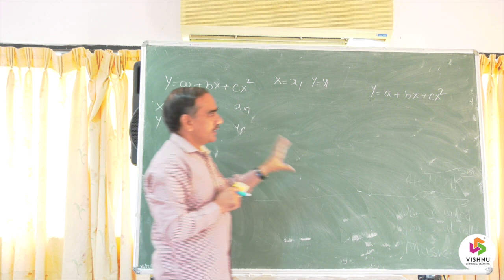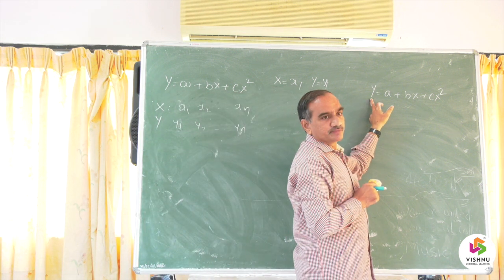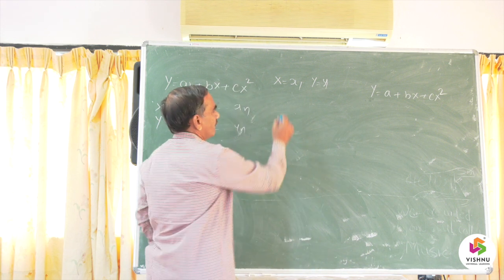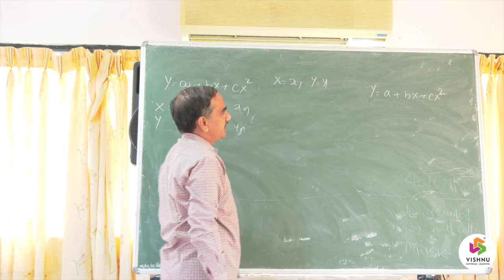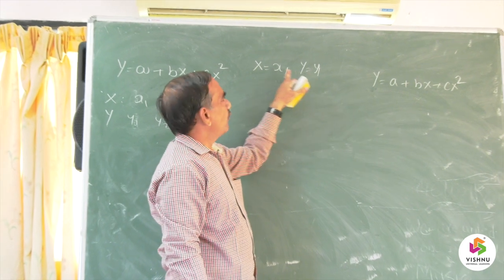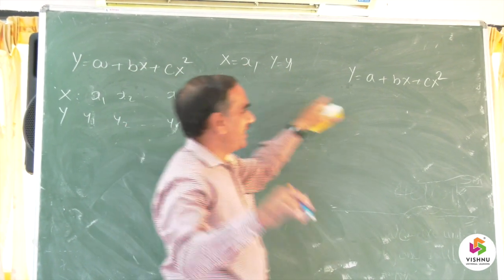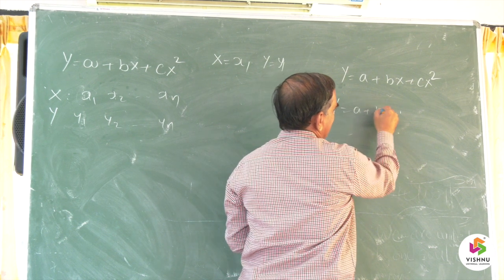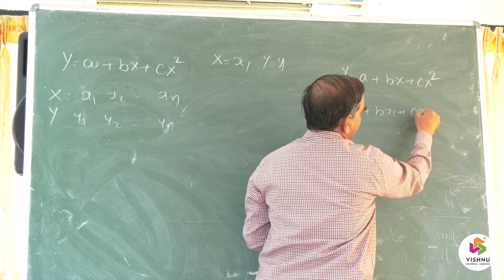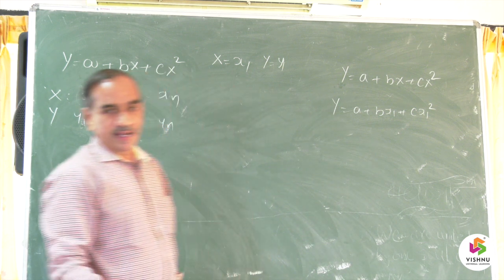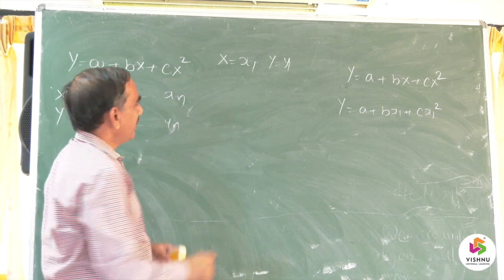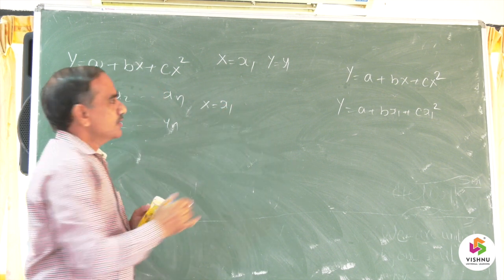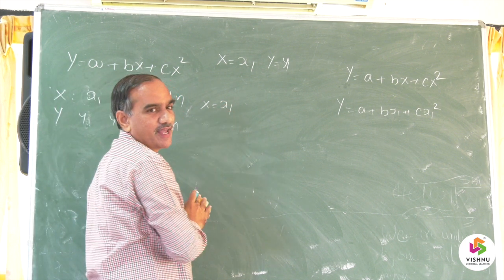So let us for the time being assume y is equal to a plus bx plus cx square is the best fit. So first value x is equal to x1, given value y is equal to y1. Now substitute the value in the equation y is equal to a plus bx1 plus cx1 square. Okay. So observe it more carefully. Here x is equal to x1, so there is no problem about the value of x1.